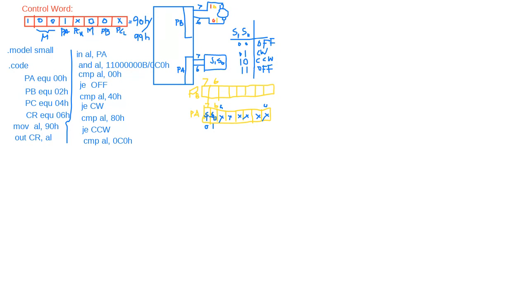Okay. So we have three actions, either off or clockwise or counterclockwise. We have to do these three actions, and they will be written separately. After that, it will do the things again and again.